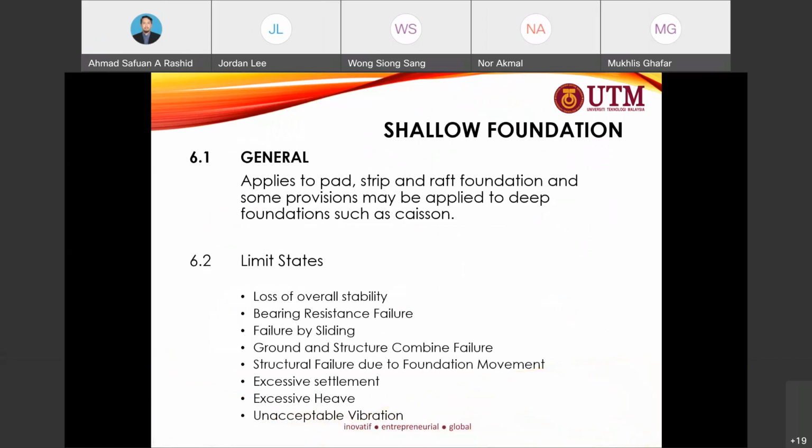As we know, shallow foundations apply to pad, strip, and raft foundations, and some provisions may be applied to deep foundations such as a caisson.